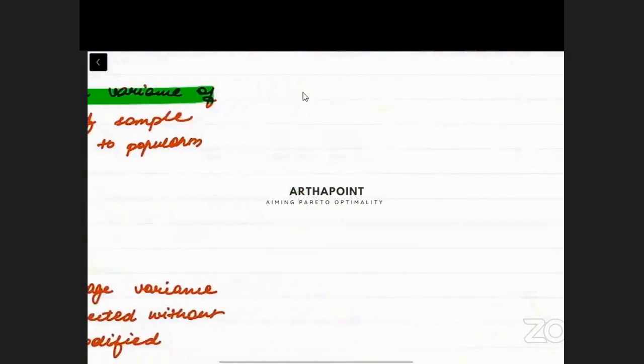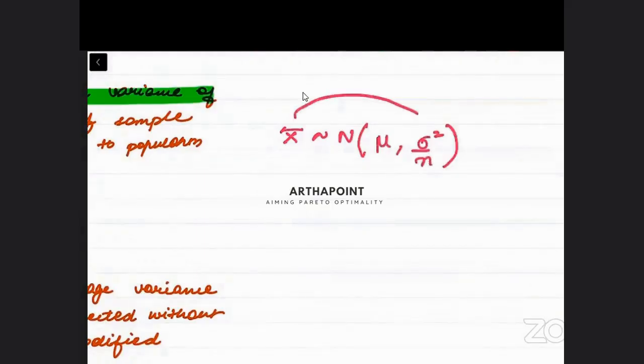So what does this mean? Have a look. When I say X bar is normally distributed with mean mu and variance sigma square by n, this is the variance of it. Now I want to ask, is this an unbiased estimator of the variance of the population or not?